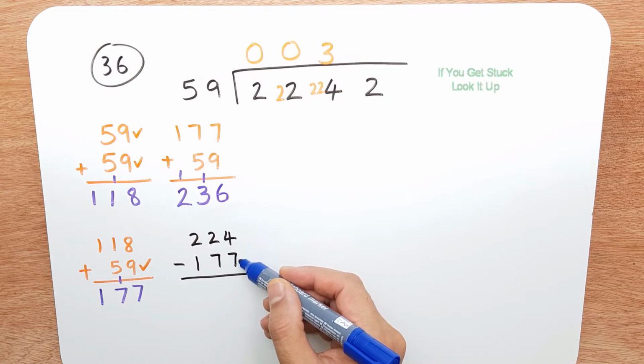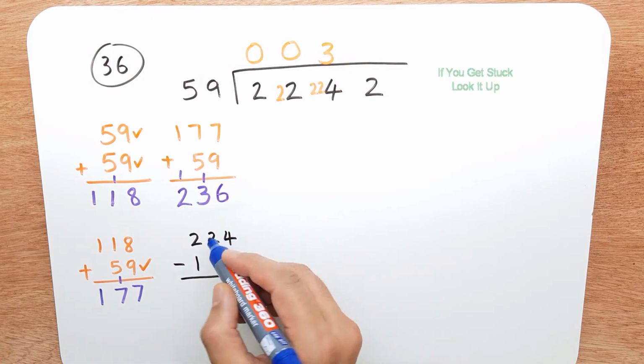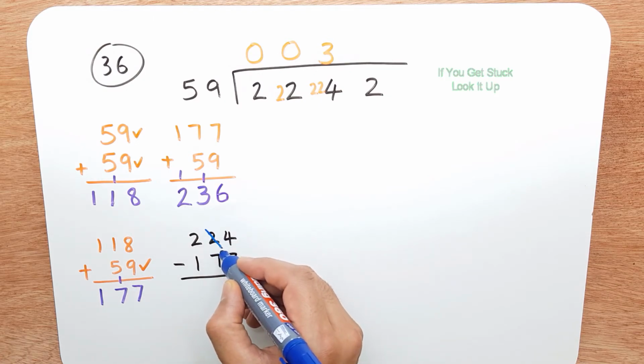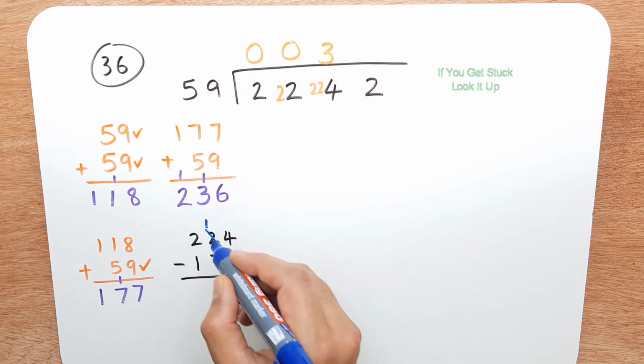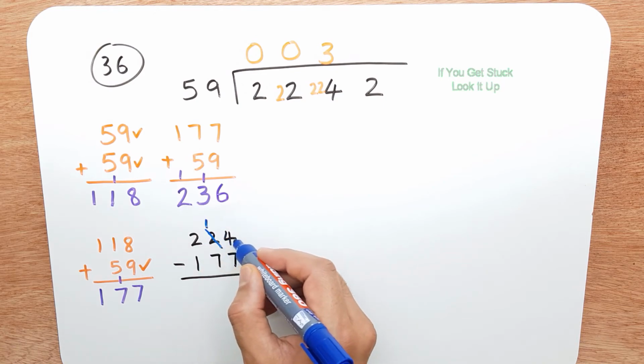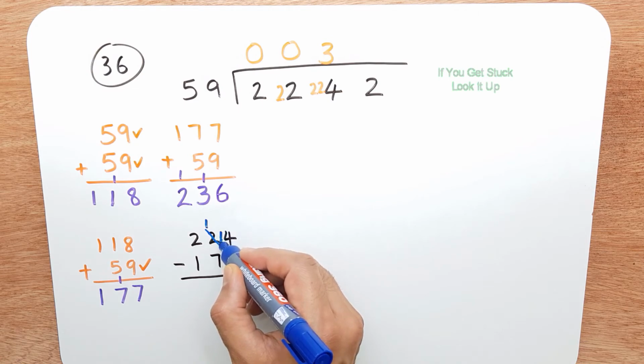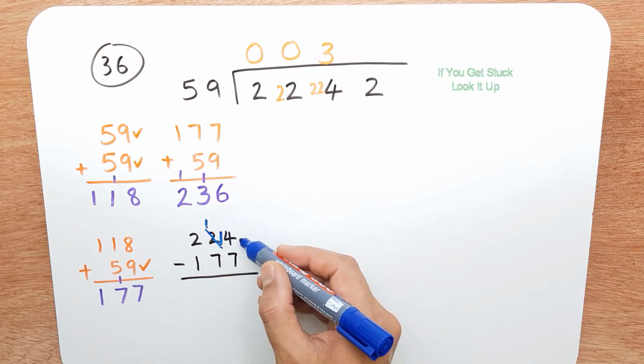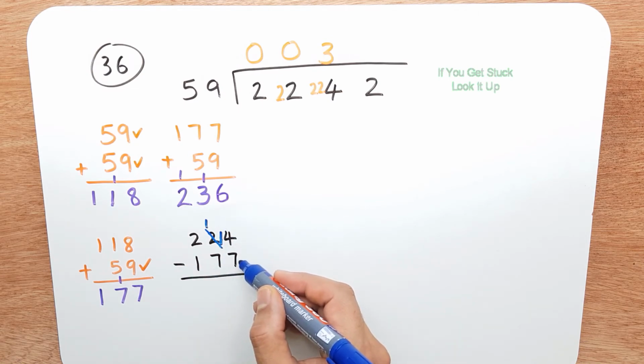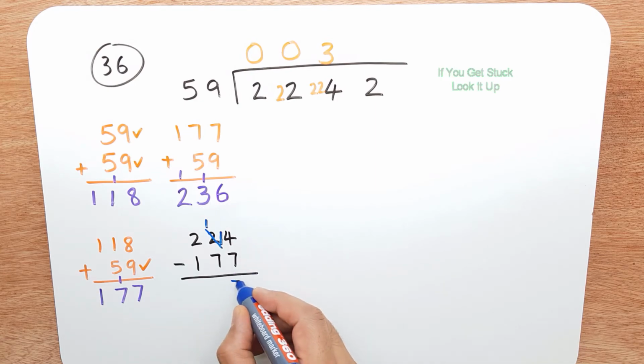We can't do that, we've not got enough. So we go to the neighbour, we cross that out, that becomes 1. And the one we've borrowed turns the 4 into a 14. So now it's 14 take away 7, which is 7.